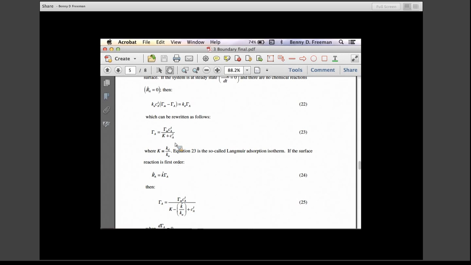This is the so-called Langmuir sorption isotherm, where the adsorption, you've seen this, for example, in the adsorption of gas onto a solid surface. And you can derive it.